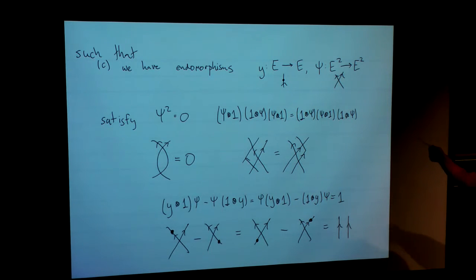So these guys are going to satisfy some algebraic relations. And they are close to, but not the relations considered. Particularly this crossing, it squares to the identity, it does not square to 0. So I just want to emphasize this is very much not the nil version.